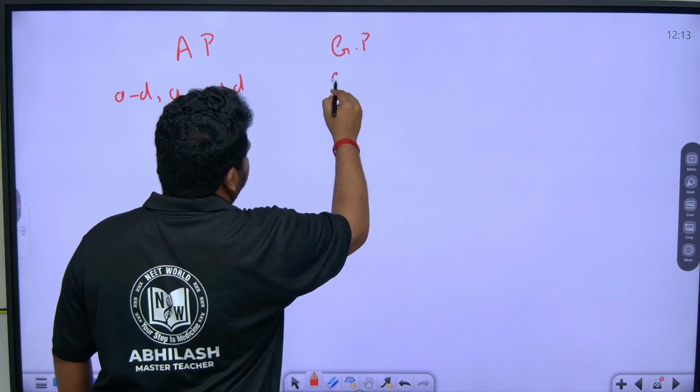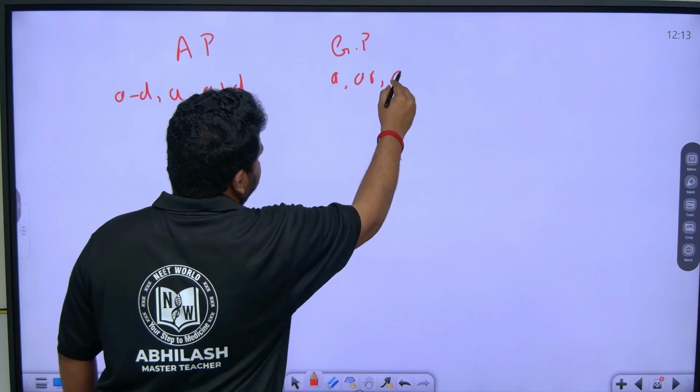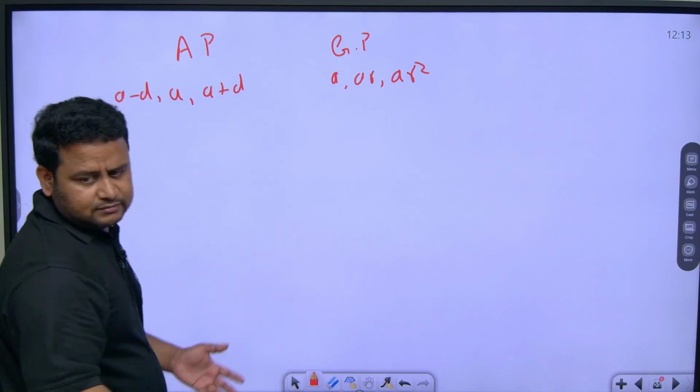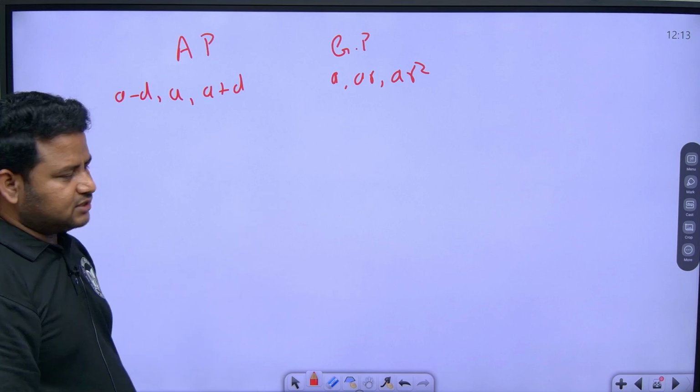We will take it normally as A, AR, AR square, like that also you can take. I took the next three terms, that's it.